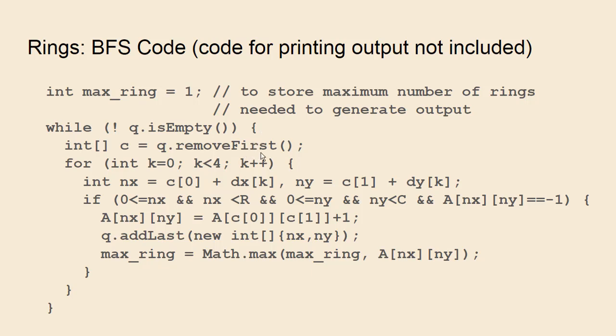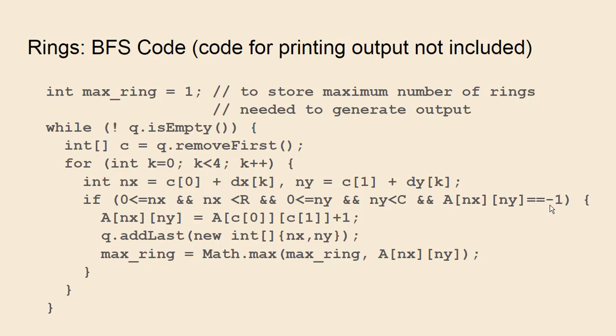We remove from the head of the queue, and then for each of those 4 neighbors, we check whether that neighbor is still inside the area. If it is, then we check whether this cell is a tree trunk cell that has not been assigned a ring number yet.